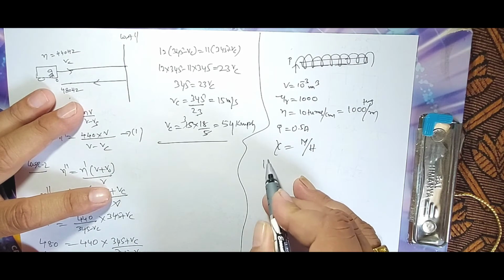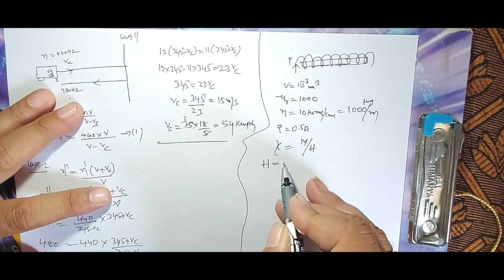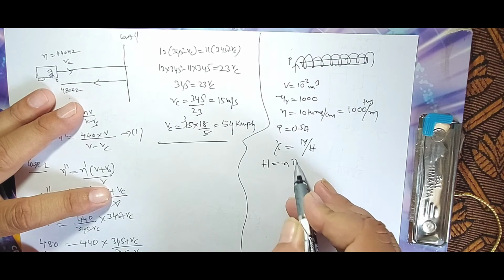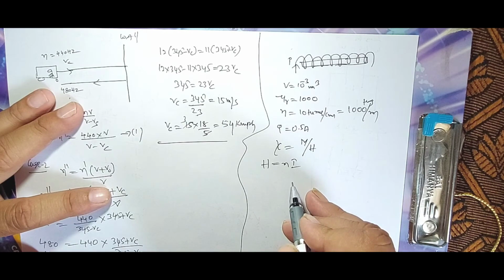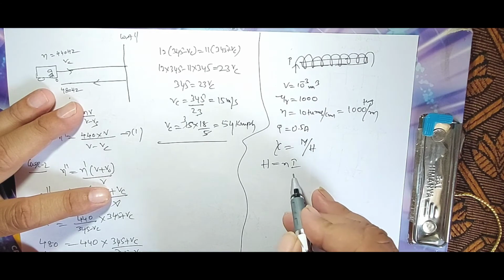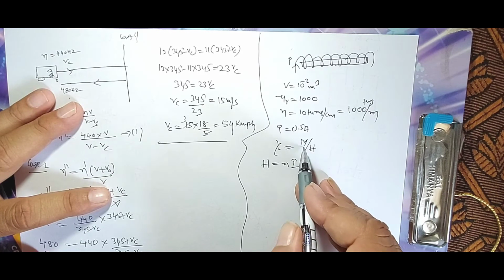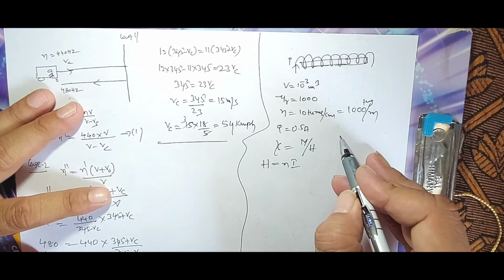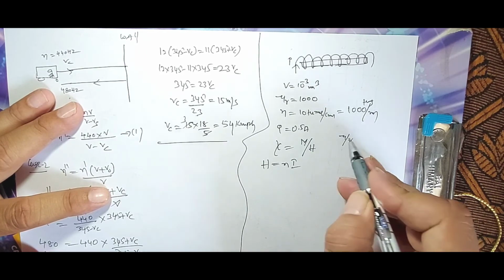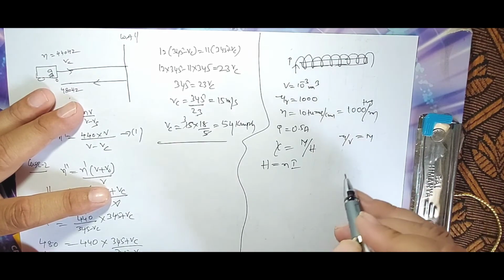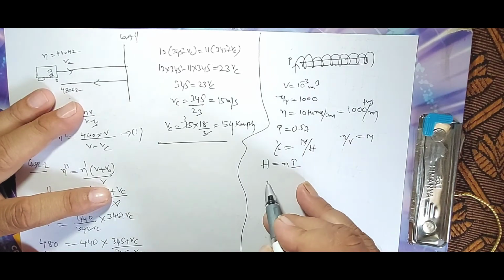And here the magnetic field intensity H is equal to N into I. So, magnetization means what? Magnetic moment per unit volume. That is the magnetization.